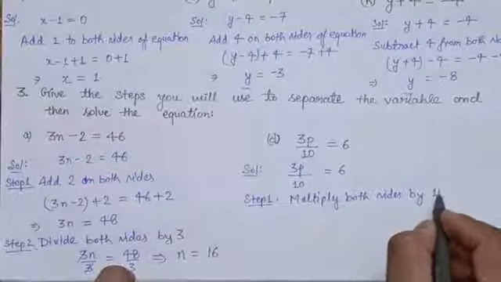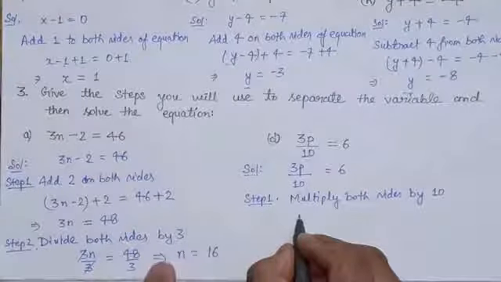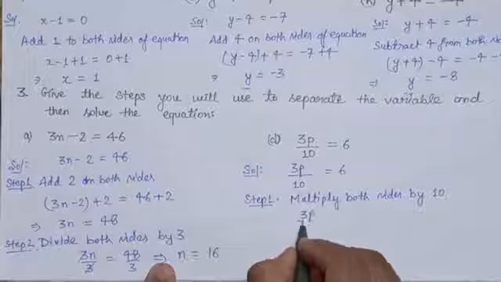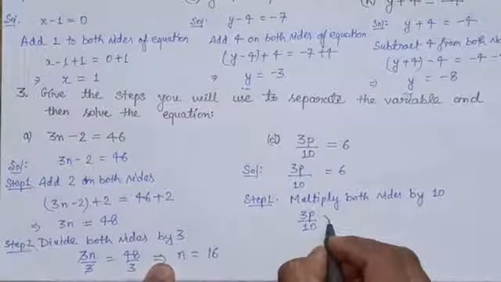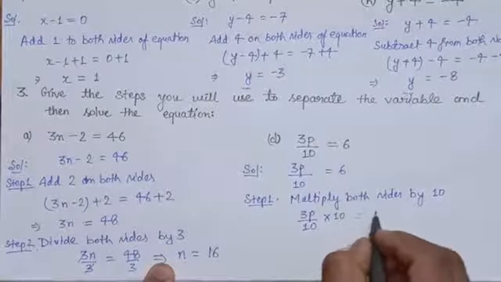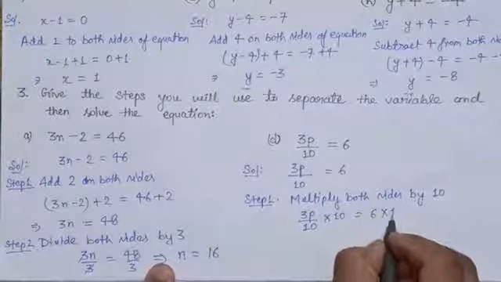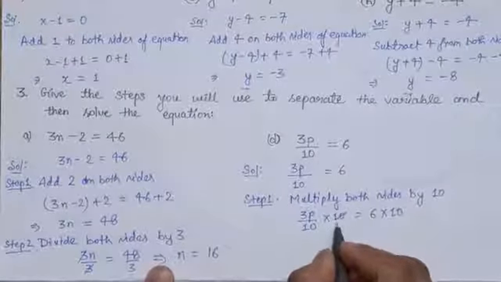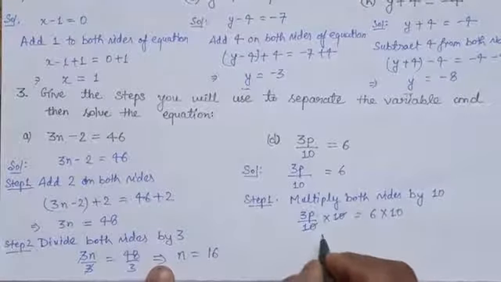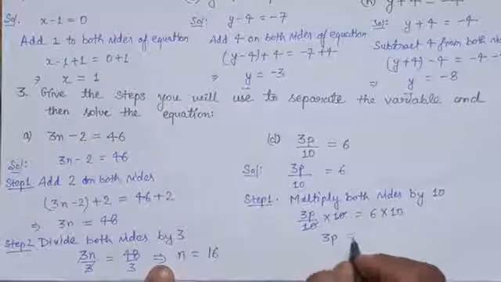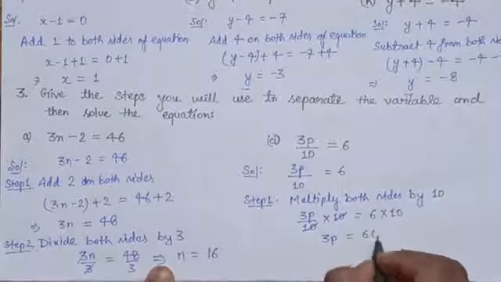So what we get? 3p by 10 into 10 is equal to 6 into 10. Now here you can see 10 and 10 are cancelled out. So what we have, 3p is equal to 6 into 10, that is 60.